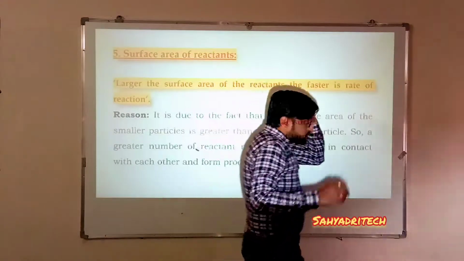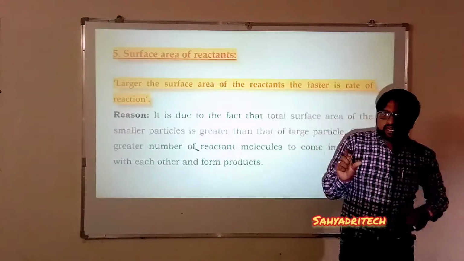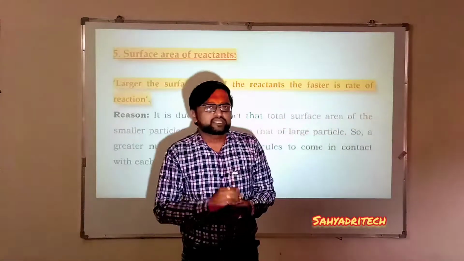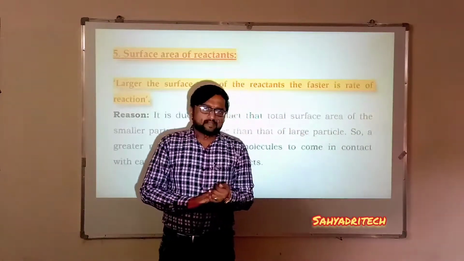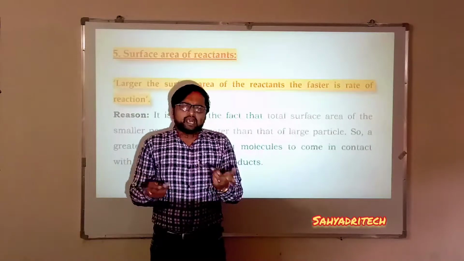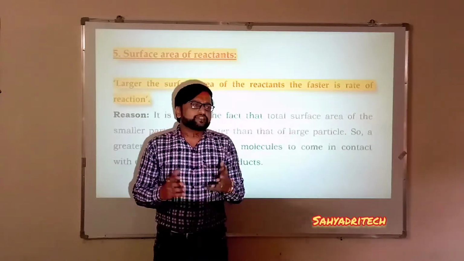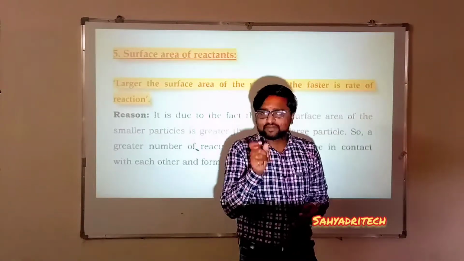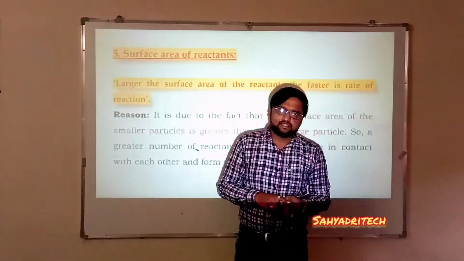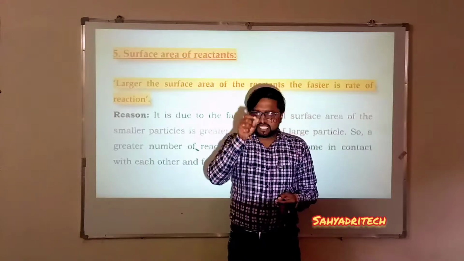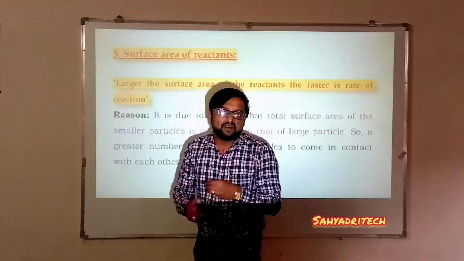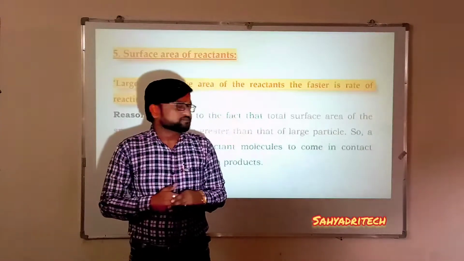So when you go on reducing the size of the reactant particles, take the crystalline form and the amorphous form of a reactant. The amorphous form is going to have more surface area. As we decrease the particle size, more and more surface is available for reaction.